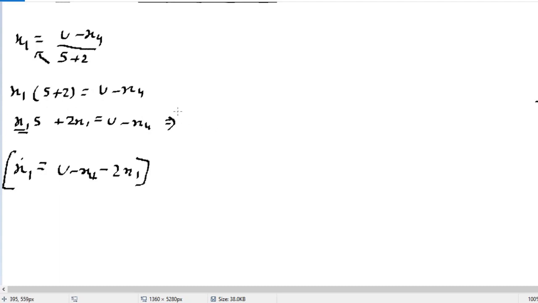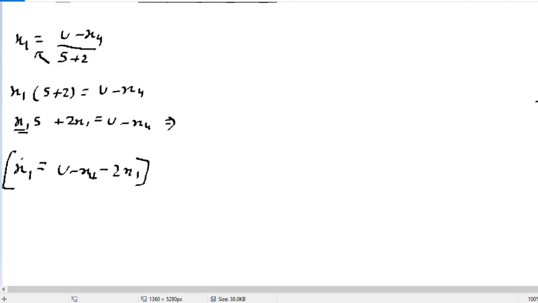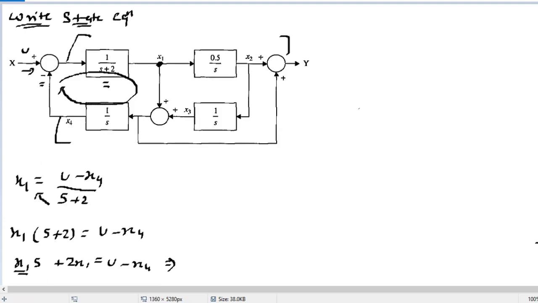Now we have to calculate the equation for x2 and the rest of the equations.